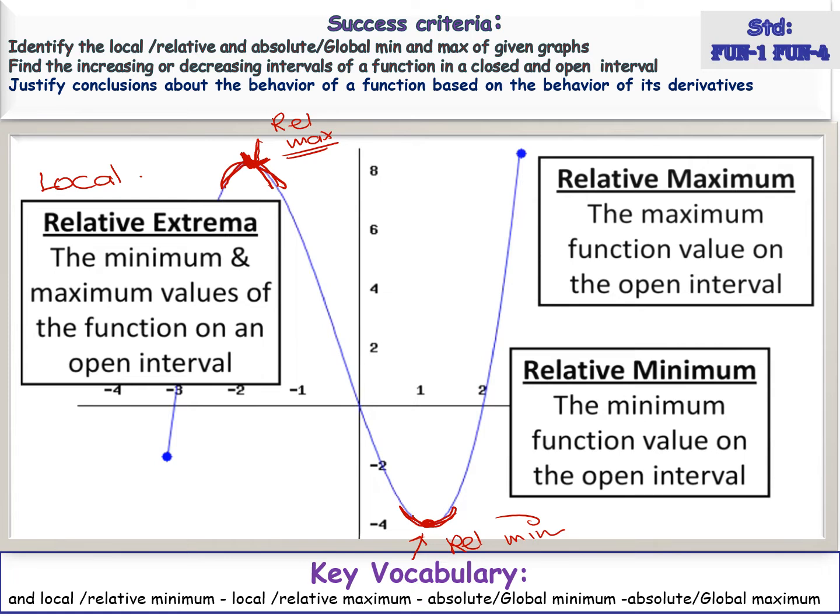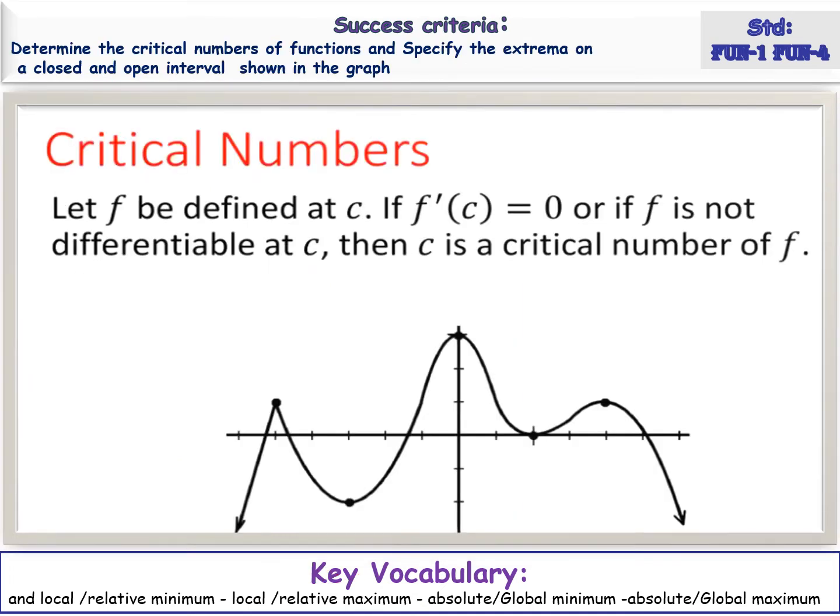Wherever you find the turning, that would be your relative minimum or maximum. This is the point which is the lowest point of the graph, so this can also be the absolute minimum. So a relative minimum or relative maximum can also be an absolute maximum or absolute minimum. Let me introduce to you another terminology, that is critical number.